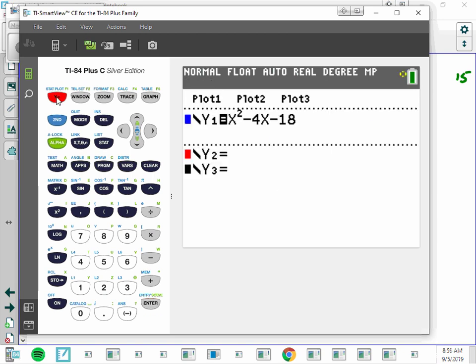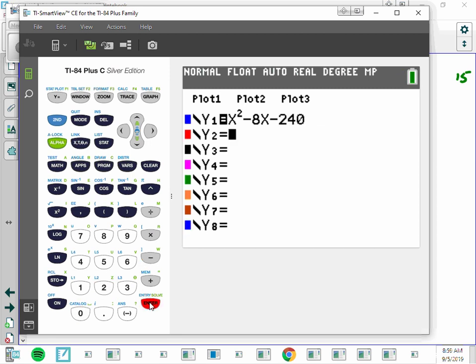So for the last one, I'm going to type in x squared minus 8x minus 240. And then I'm going to graph it.